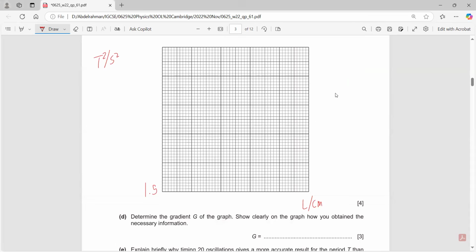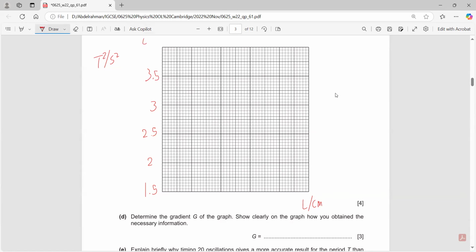If I say 1.5, then 2, 2.5, 3 and 3.5, I guess this would be suitable. Why? Because the data takes up more than 50% of the graph, which is okay. So this is quite sufficient.